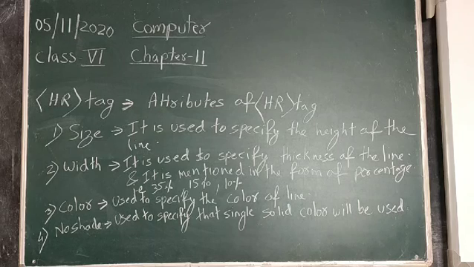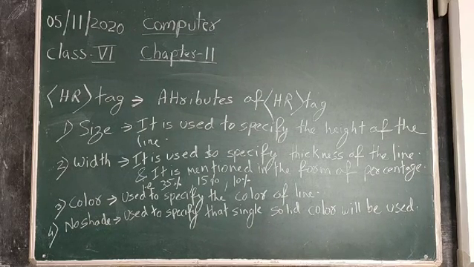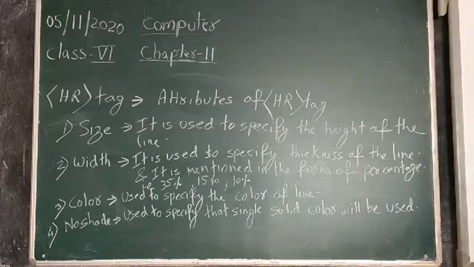Either you can specify the name of the color directly, or you can give the value for the color attribute in the form of color code or RGB code. Okay, then coming to the fourth attribute, that is the no shade attribute. The no shade attribute is generally used to specify that a single solid color will be used to draw the line. No other colors will be used. Okay, so these are the four different attributes of the HR tag.